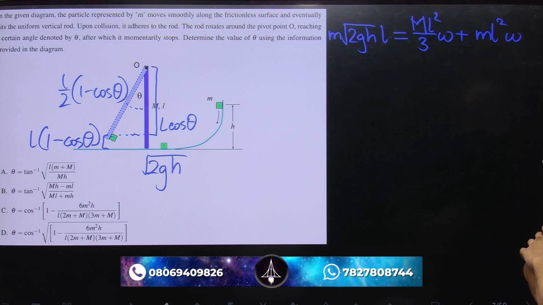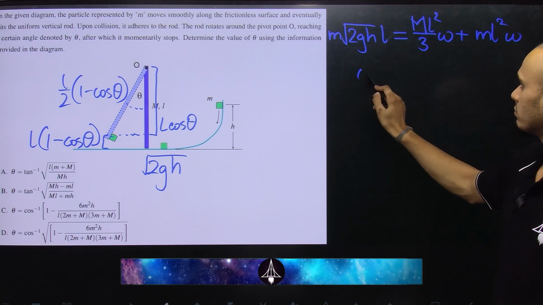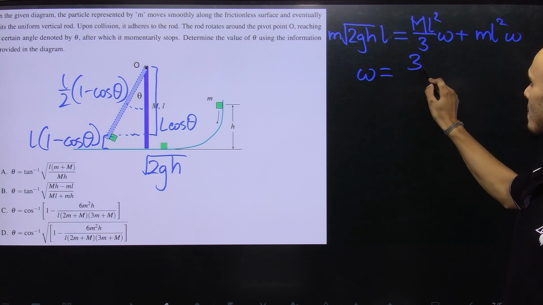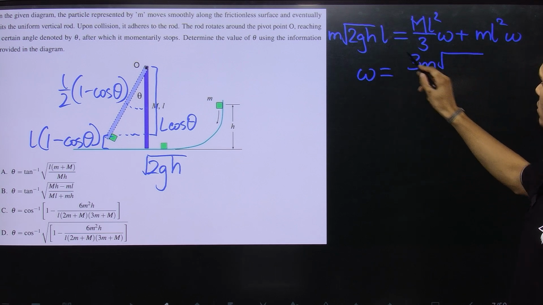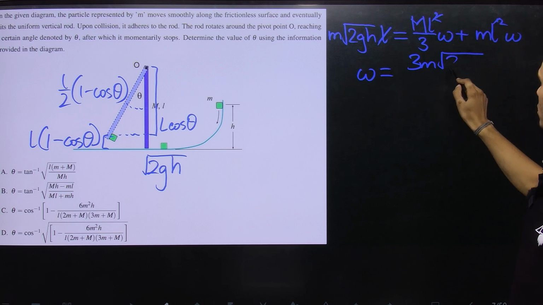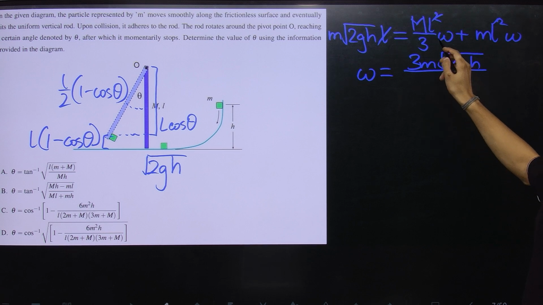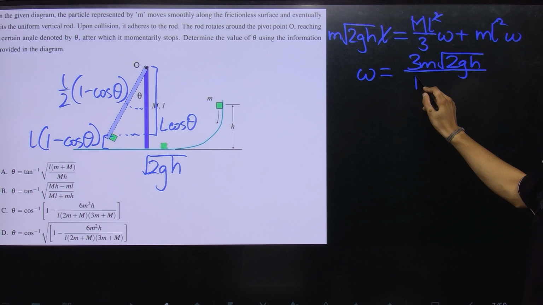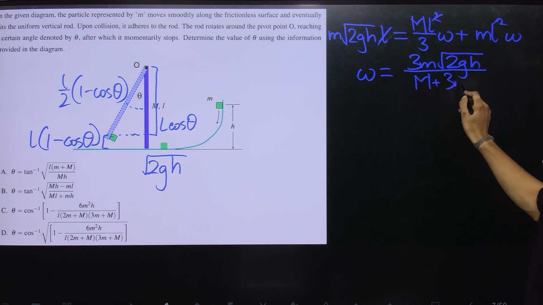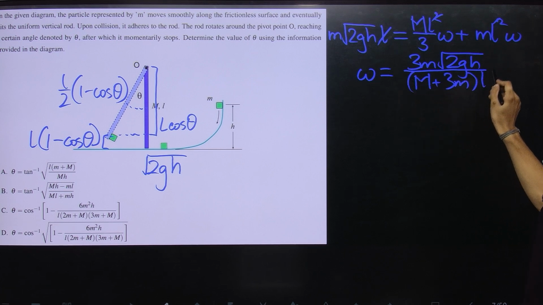The value of omega will then be 3m under root, and L will get cancelled from here, 2gh upon capital M plus 3 times the small m into L. So this will be the angular velocity with which the rod as well as the block will be moving after collision. I hope I haven't made any mistakes here.